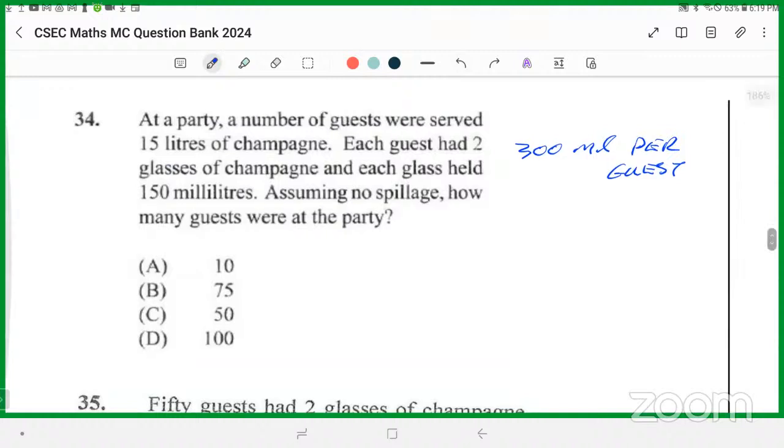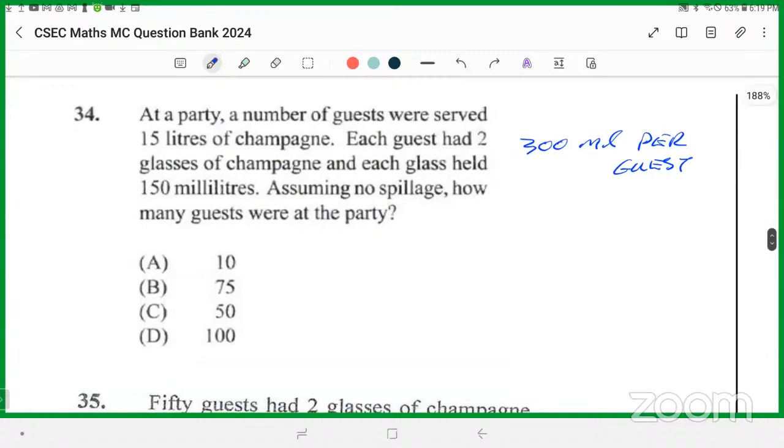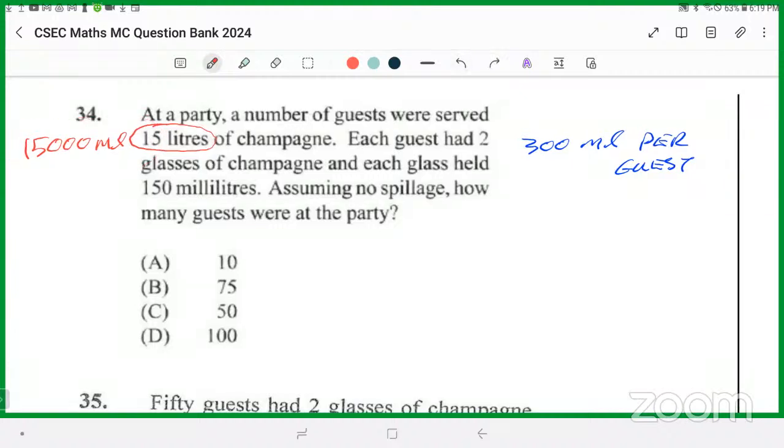So we have to recognize that this 15 liters is the same as 15,000 milliliters. That's the total amount served, and each guest got 300. So to know the number of guests, you're going to divide the 15,000 by the 300.